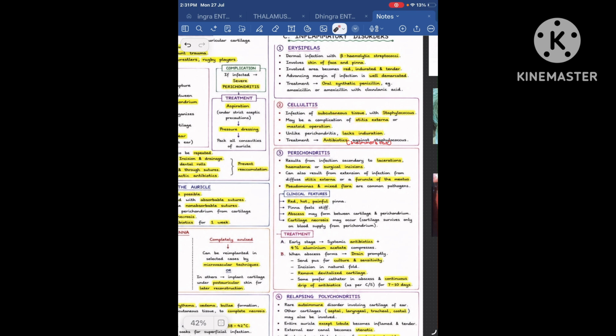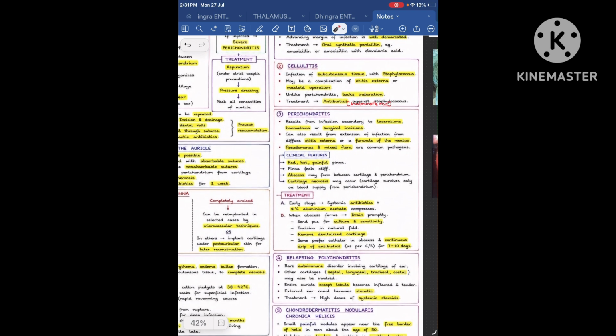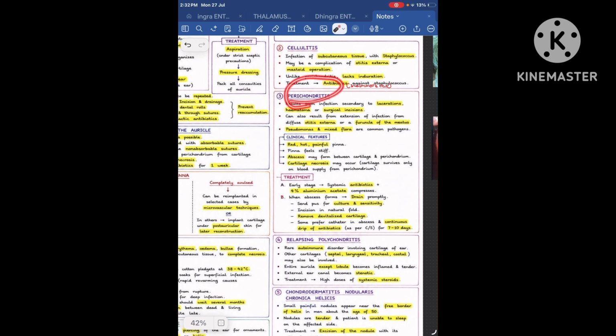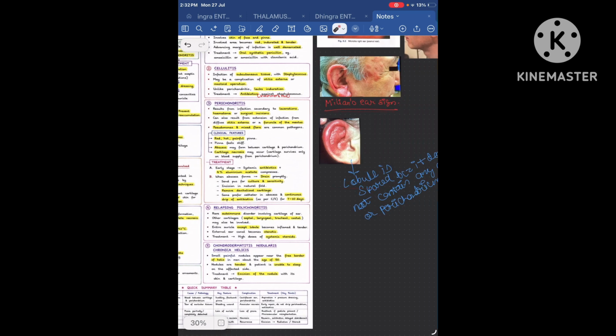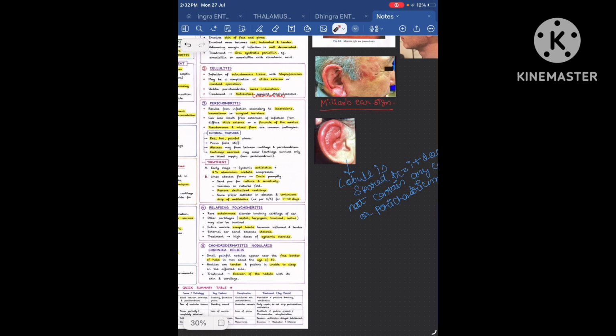Okay, great. Now the next thing is perichondritis. It basically results from infection secondary to laceration, hematoma, or surgical incision. The common organism is Pseudomonas. Clear? The important thing is this part is red, hot and painful, and the lobule is spared.